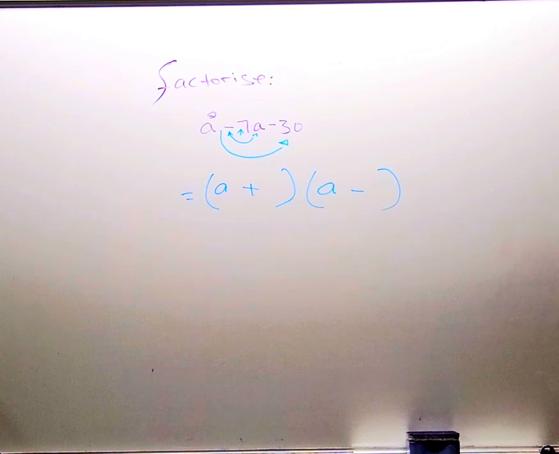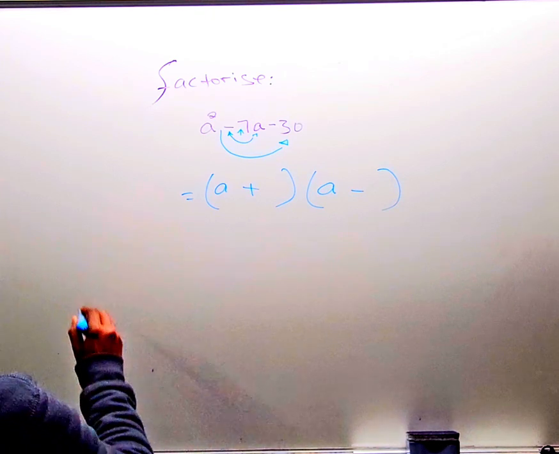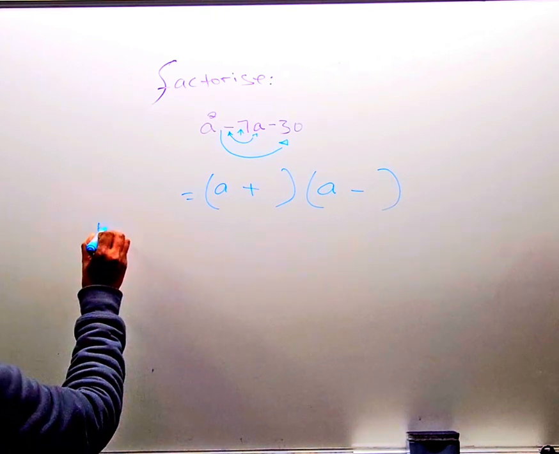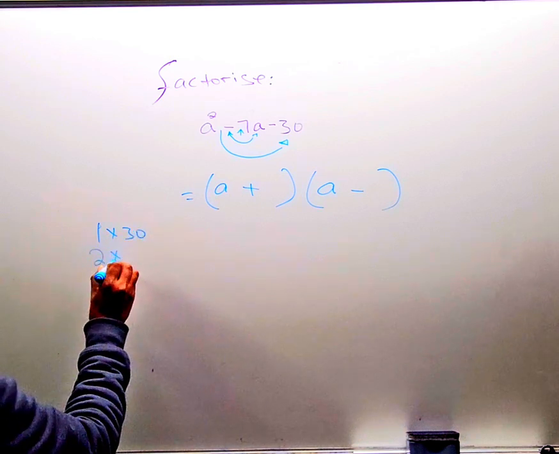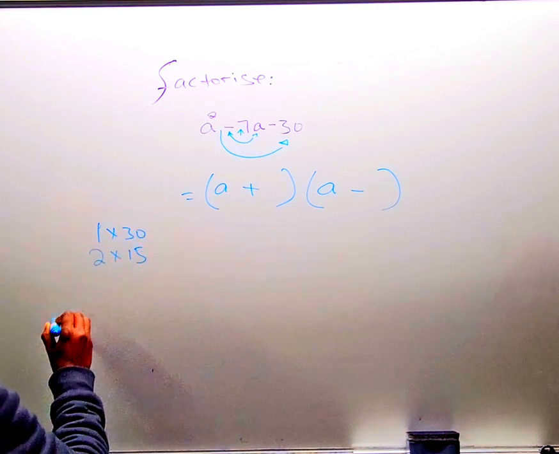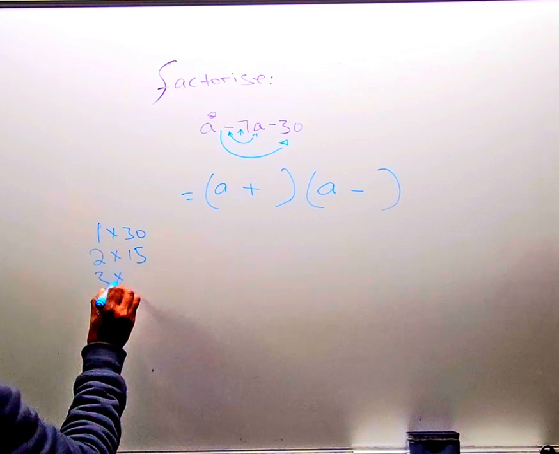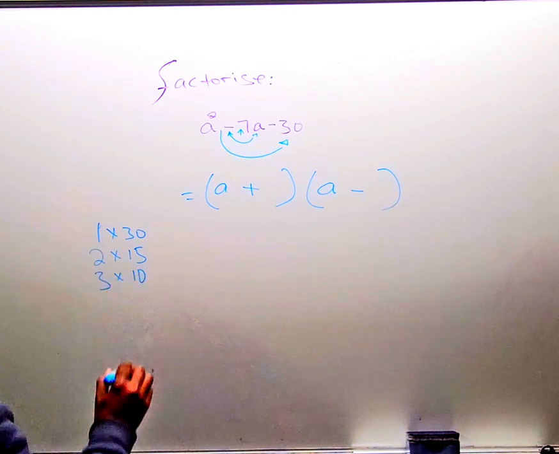Now I need to ask myself, what are the factors that give 30, ignoring the sign? Factors of 30: the first one is 1 times 30, second 2 times 15, and the third 3 times 10.